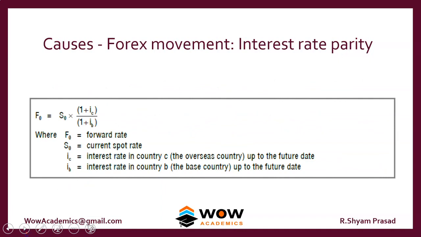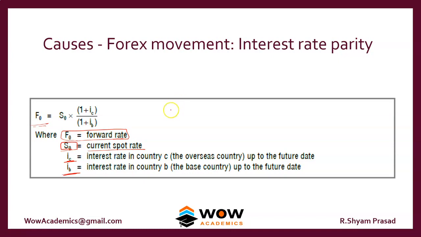So the formula works like this. F0 refers to the forward rate. So this is the rate which would be available in the future time. The current rate is known as S0, and Ic refers to the interest rate of one country, and Ib refers to the interest rate of the other country.